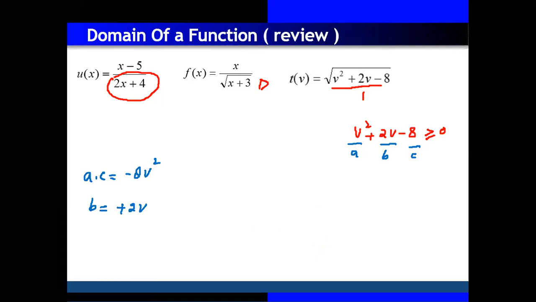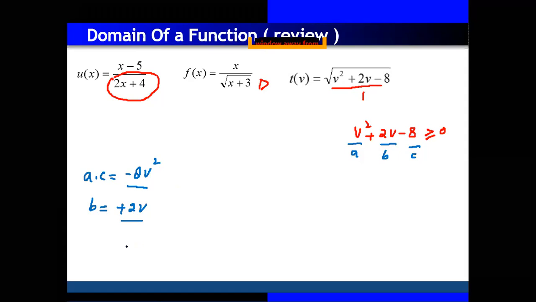So find two numbers which, when you multiply, give you minus 8v square, and when you add, equal 2v. If these numbers are possible, then factorization is possible. Otherwise, you need to solve with the help of the quadratic formula or completing the square. So, a times c equals minus 8v square and b is equal to 2v.